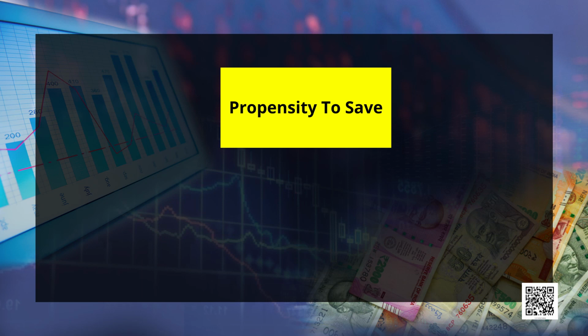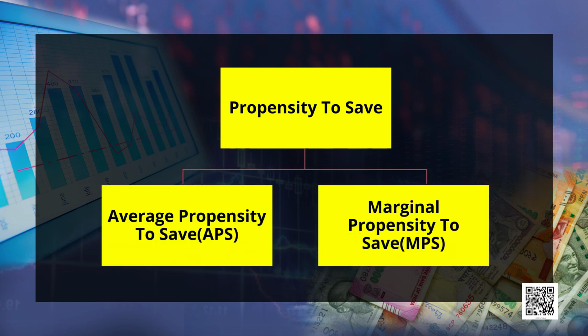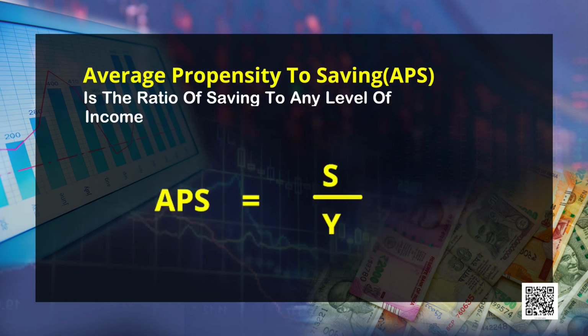Parallelly, we study propensity to save, which is divided into two parts: average propensity to save and marginal propensity to save. Like APC, APS shows the ratio between savings and national income. It is depicted by the formula S divided by Y. Similarly, MPS is the ratio between change in savings and change in national income.